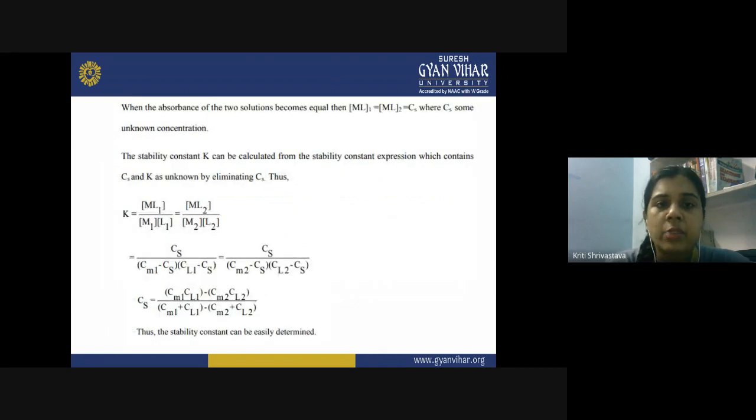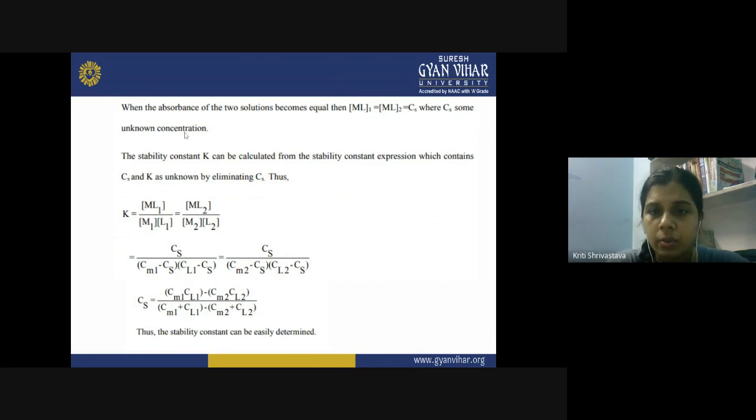Now when you get the absorbance of the two solutions and they become equal, you have both solutions at the same level of absorbance. What does that indicate? Because the absorbance of the two solutions is the same, it indicates that the concentration of the metal complex is also the same in both the solutions, and you can take Ml1 equal to Ml2 equal to Cs, where Cs is some unknown concentration.